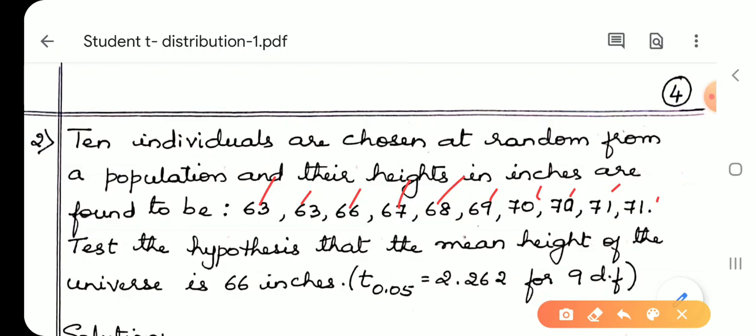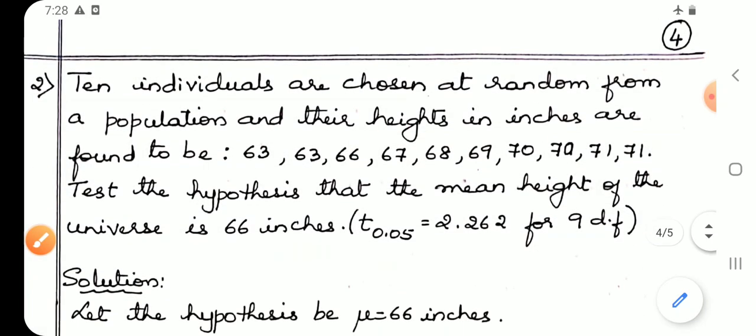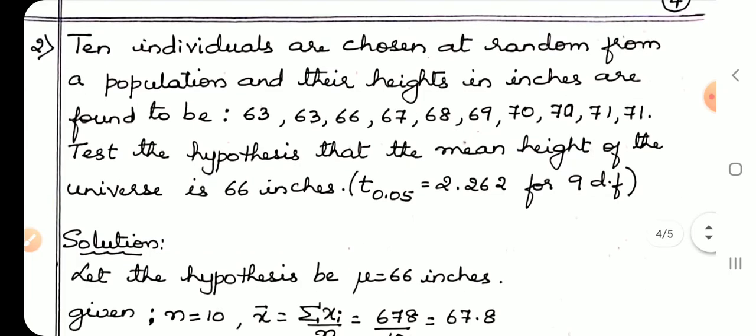Test the hypothesis that the mean height of the individuals in the universe is 66 inches. So in the universe many individuals are there. In this large number of individuals, they have taken a sample of 10 individuals. Now we have to test the hypothesis. They say the mean height, if you take the average height of the individuals, is around 66 inches.